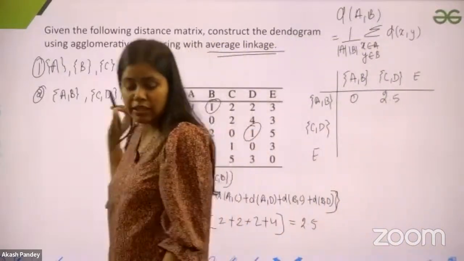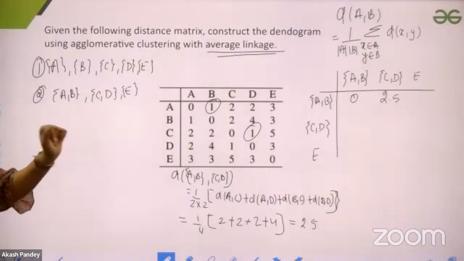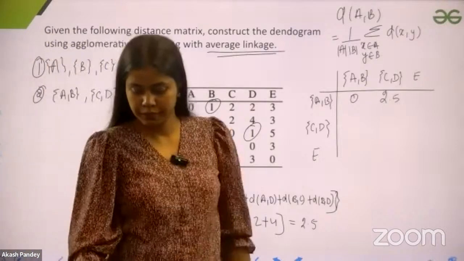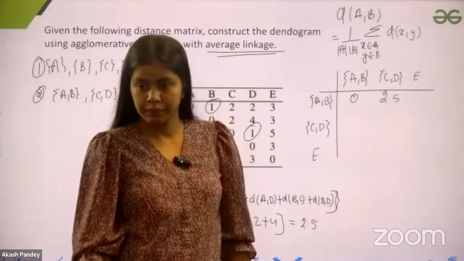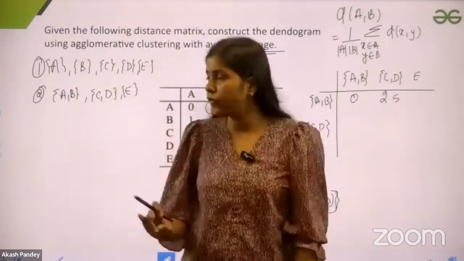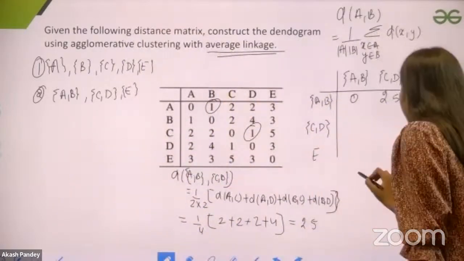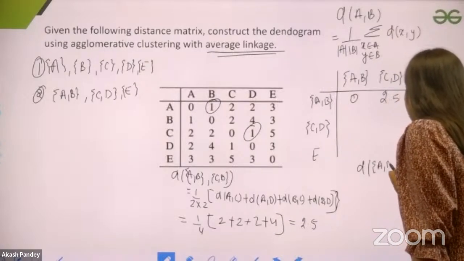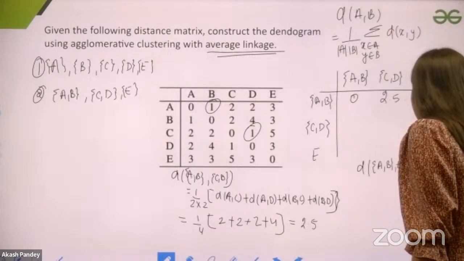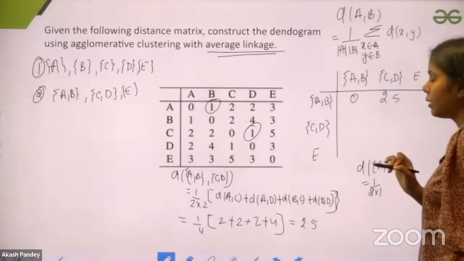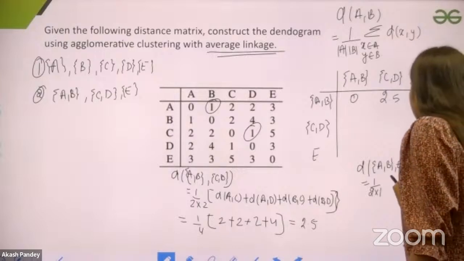Now, can you guys tell me the distance of the cluster AB with E? Distance of AB with E. If I need to find the distance of cluster AB with the cluster E, it would become 1 by 2 into 1, because the first cluster has 2 elements and the second cluster has 1 element.